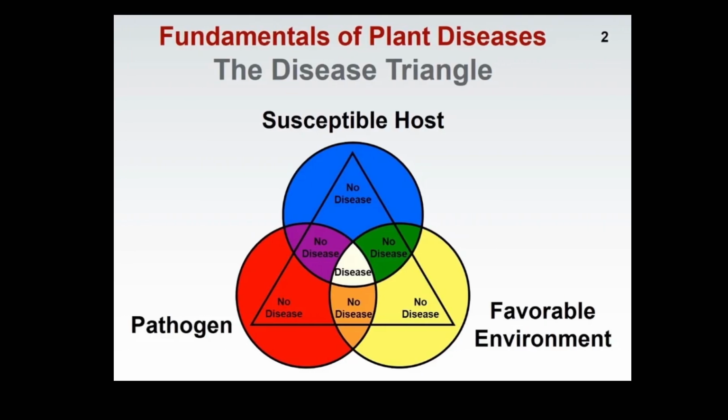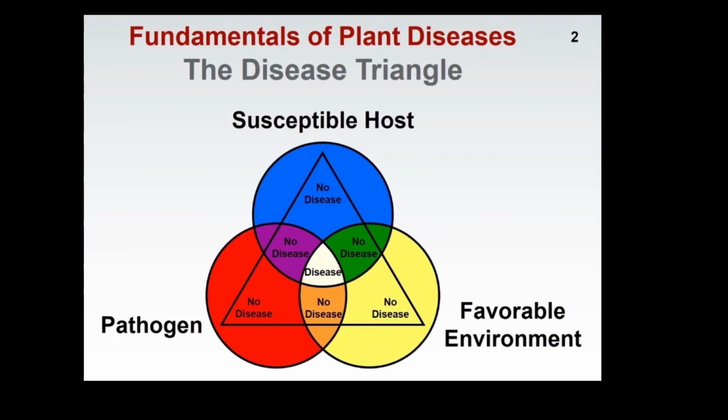So why are we calling it a triangle? Because three elements, or components, are present here. Along with all three, a disease can occur. Absence of any one of the components causes the disease not to occur. Here we can see the red, blue, and yellow colored elements.